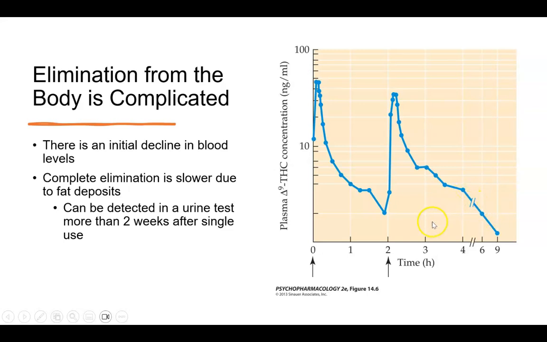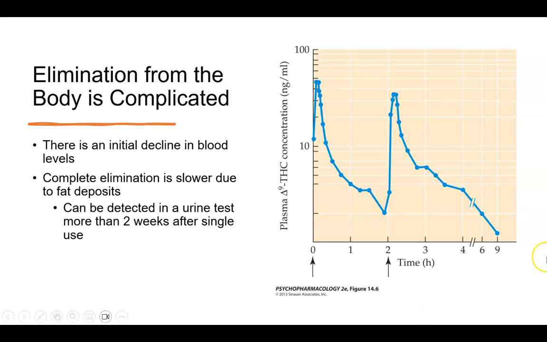Notice that we don't really return to level 0 until about 9 hours, even though it looks like we're getting there at 2 hours. So complete elimination is often slower due to those deposits in drug depots and body fat. And here's what's critical.